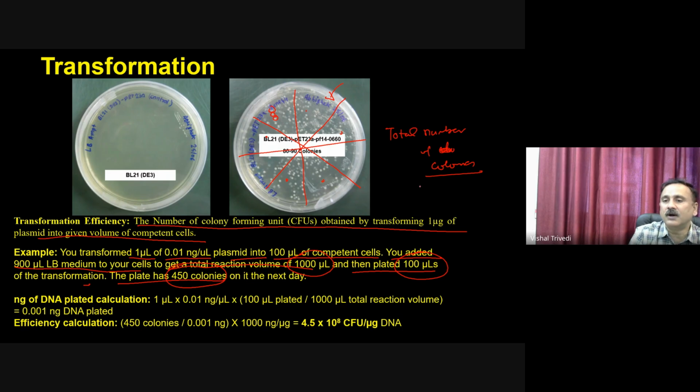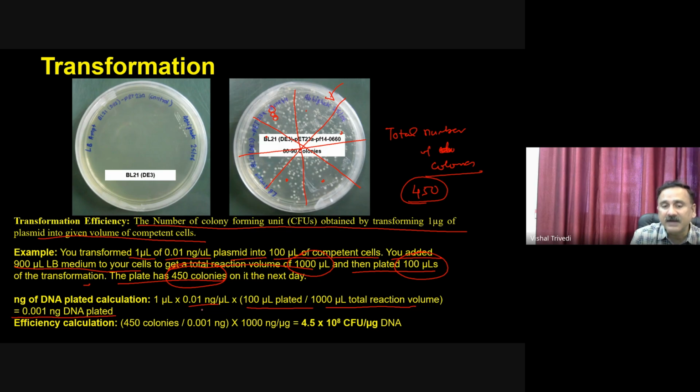That means you got 450 colonies from the 100 microliter which you plated out of 1000 microliter. So the nanograms of DNA you plated is 1 microliter times 0.01 times 100 microliter out of 1000 microliter. If you calculate this, you get 0.0001 nanogram DNA. So from 0.0001 nanogram DNA, you got 450 colonies.